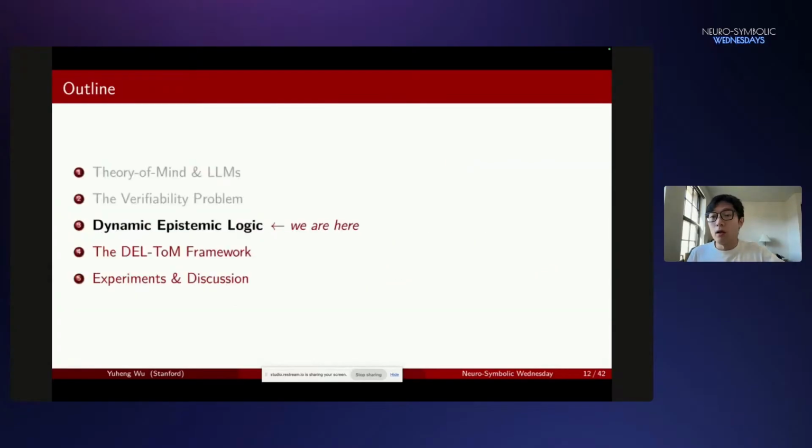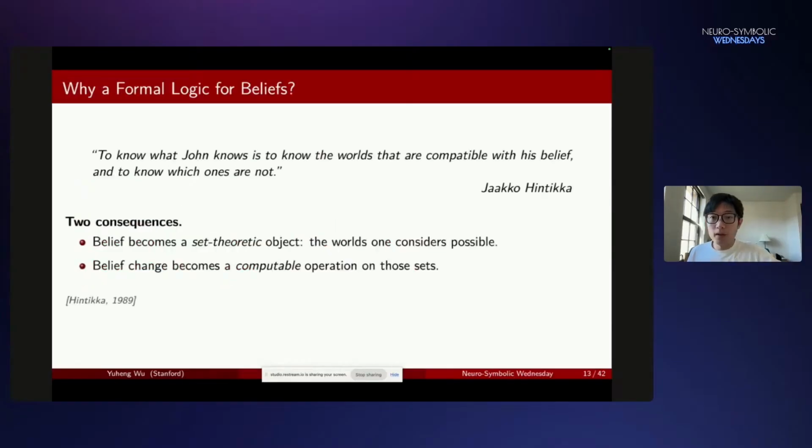Okay, so now we're going to talk about how we can use dynamic epistemic logic to enable this verifiable state of mind reasoning. First of all, we need to form a logic system for beliefs.